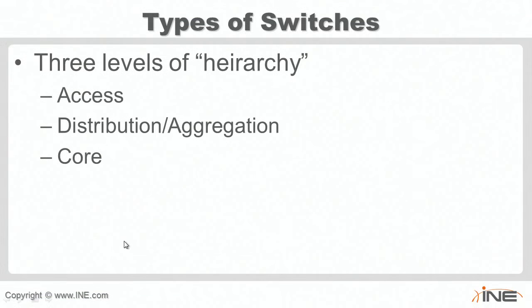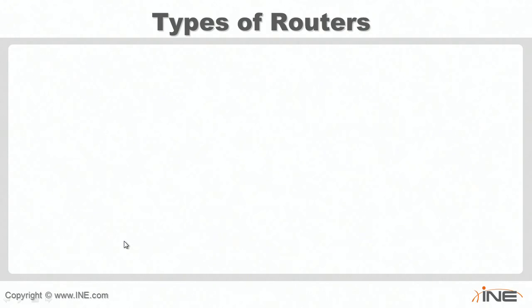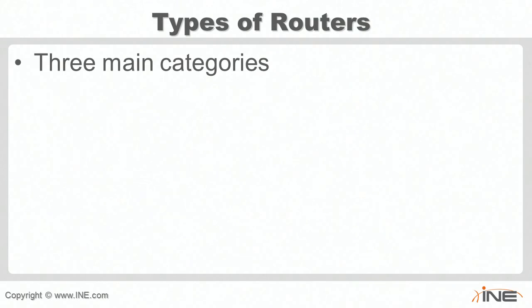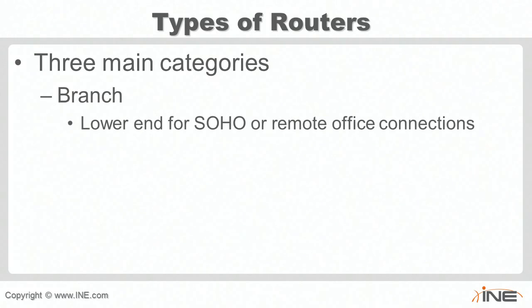Now, the same is going to be true of the routers. We can still put them into three main categories. Just the terminology is a little bit different, where they talk about the levels of the routers versus the switches. Typically the first one is considered the branch router, which is going to be some sort of low-end router that could be connecting your remote offices, or it could be one that's at your house, for which they use the term SOHO, which is small office home office.